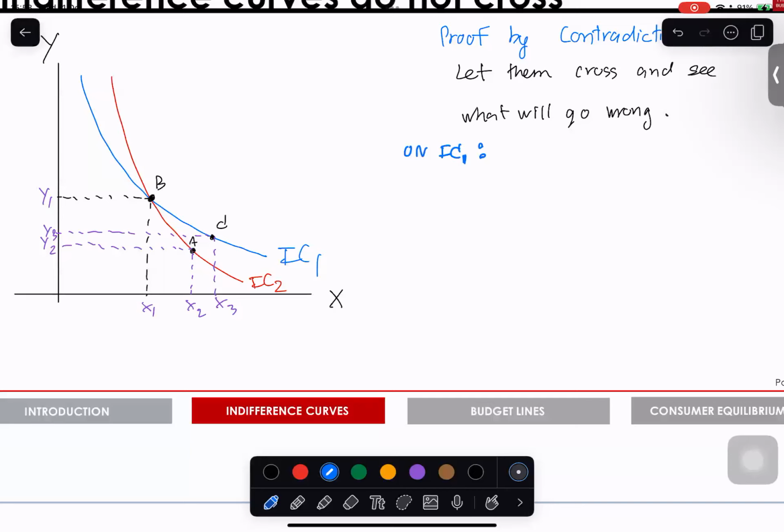What do you see on the blue IC? What baskets? B and C, right? B and C are on the blue IC.